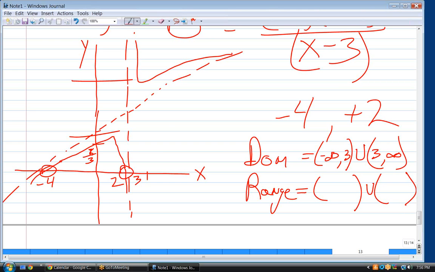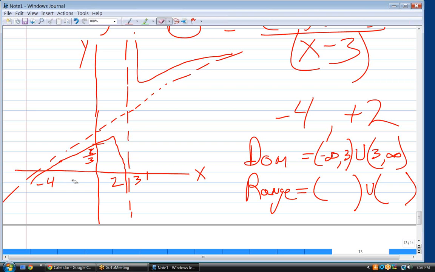I would have to put this function into my calculator and find what that local maximum is, and what this local minimum is, and then I would be able to tell you the range. So that's one of the things about oblique asymptotes, is you end up with a difficult range to figure out.